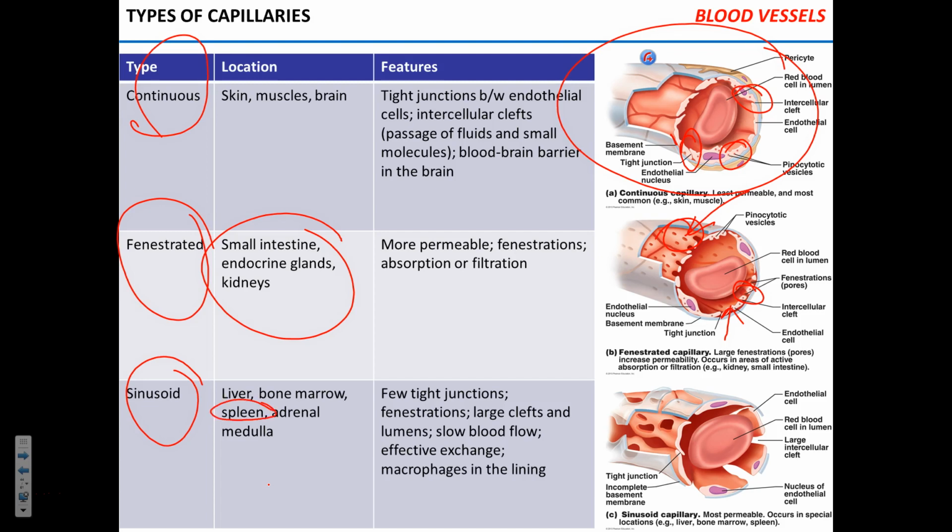Spleen. What happens in spleen? What do you need? Okay. Do you need spleen? You better have it, but if it's gone, it's no big deal.